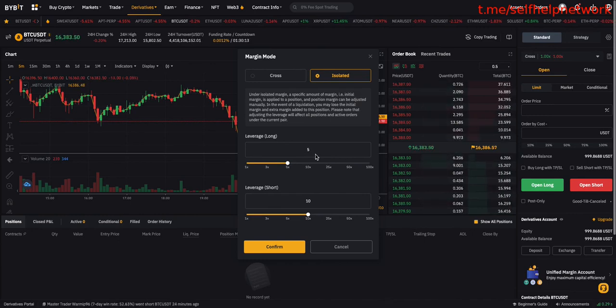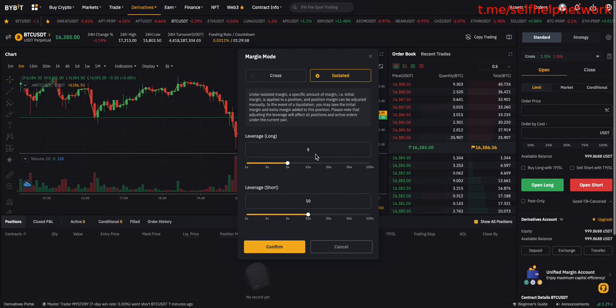And the initial margin you applied would be all that would be used. So no funds from other wallets, no other funds in that wallet can be used. So it's always best to use isolated margin if you really want to manage your risk properly.